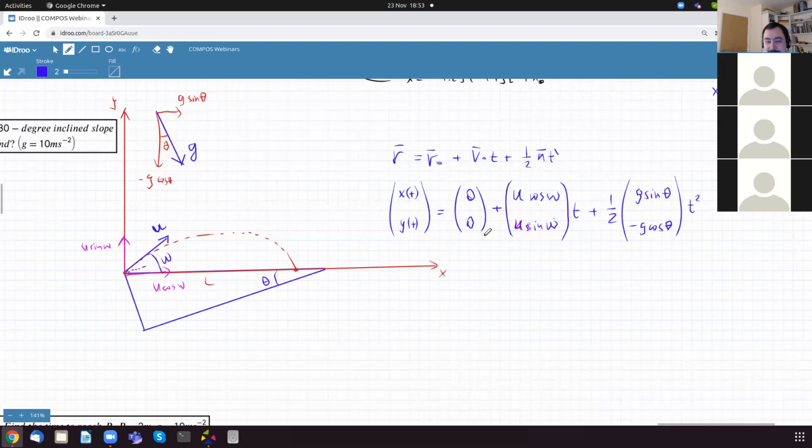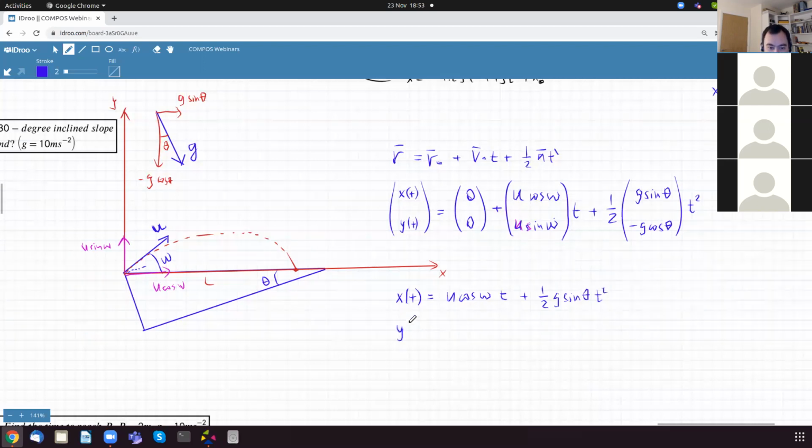Now we write two separate equations for x and for y. x of t is equal to u cos omega t plus 1/2 g sine theta t squared.